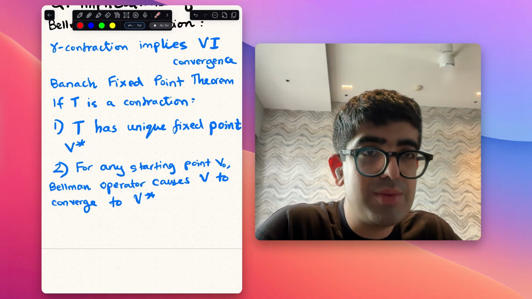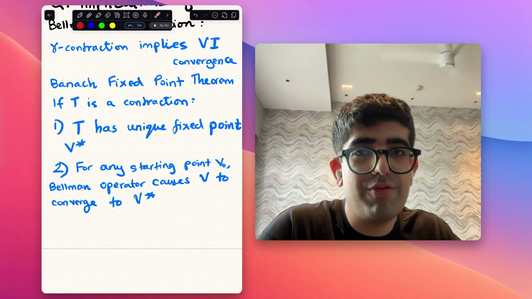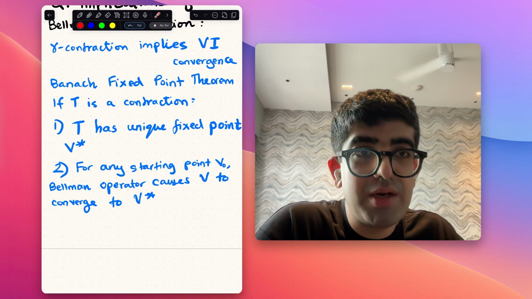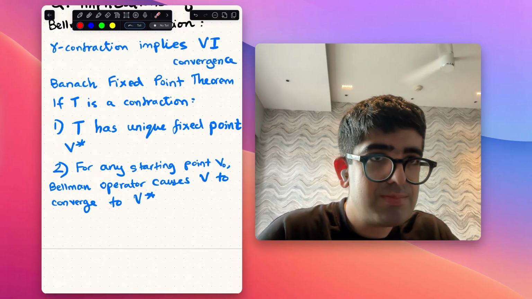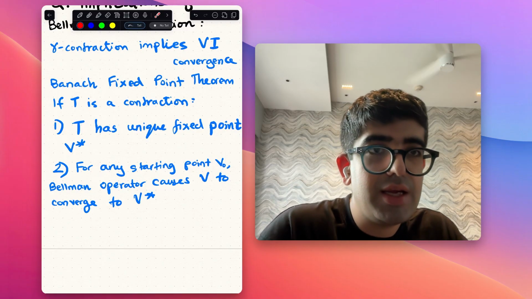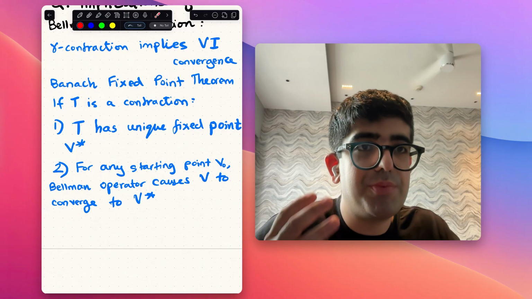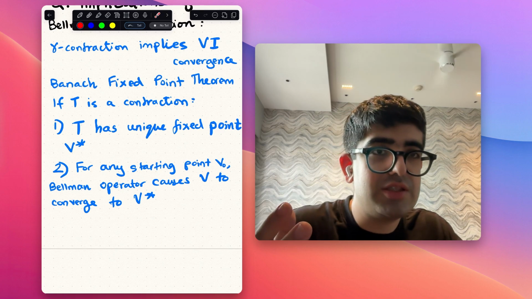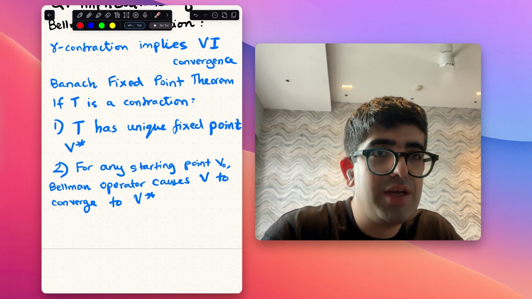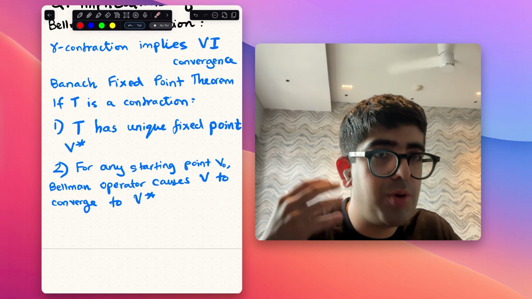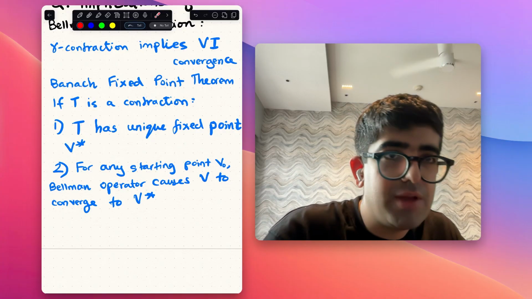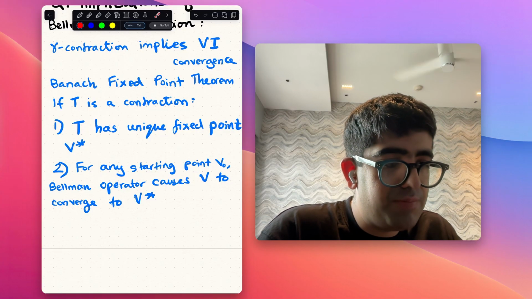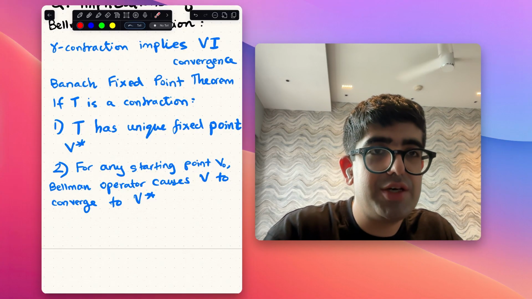And this is pretty remarkable, and it's a very unique property of Markov decision processes and reinforcement learning. Value iteration just exploits this contraction property of the Bellman operator to guarantee convergence to this optimal value function, which is the whole point of implementing the value iteration algorithm.